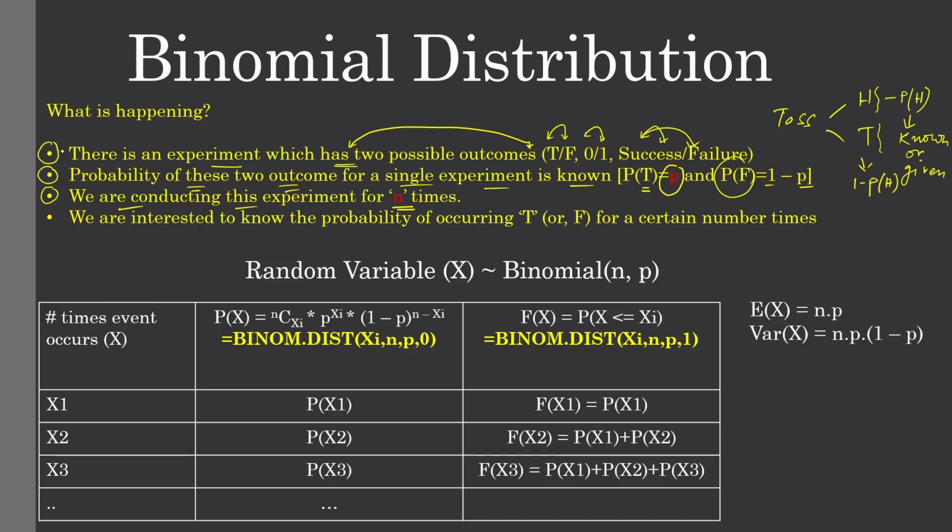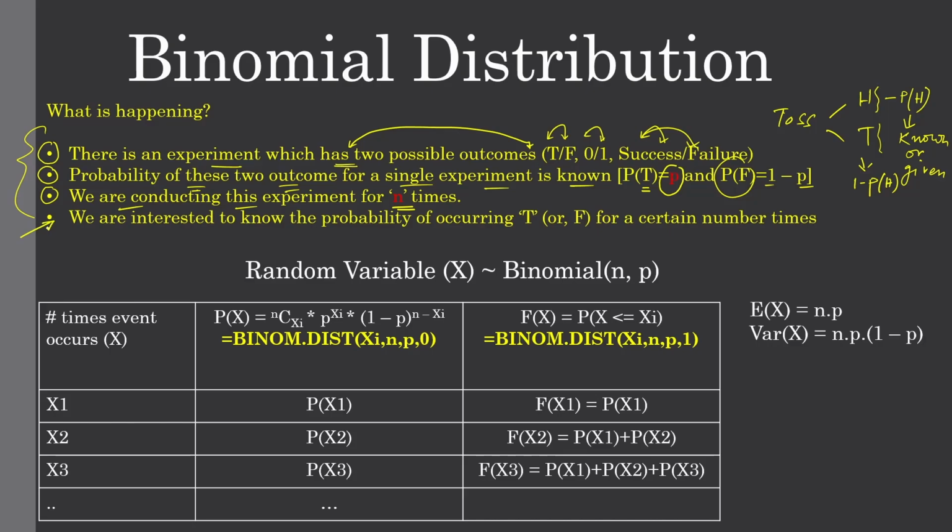I am repeating again and again so that you can understand. The first point is one single experiment having two outcomes. The second point is the two outcomes for that single experiment have particular probabilities which are known. The third point is we are conducting that single experiment n number of times. Okay. So primarily these are the three criteria for binomial distribution.